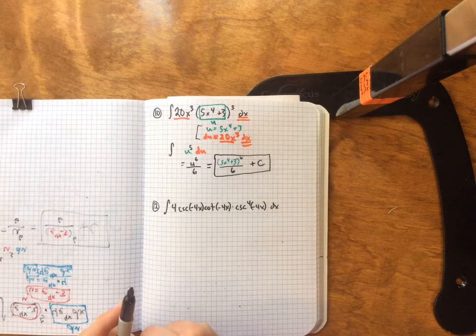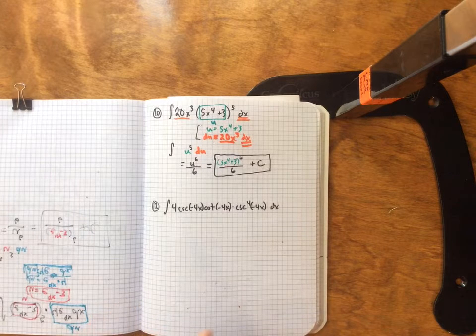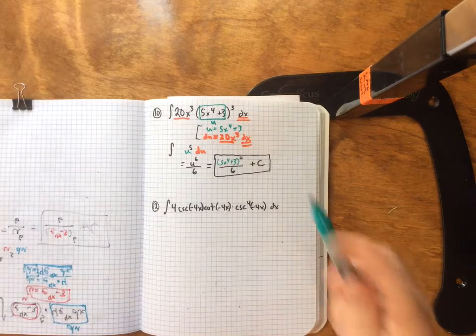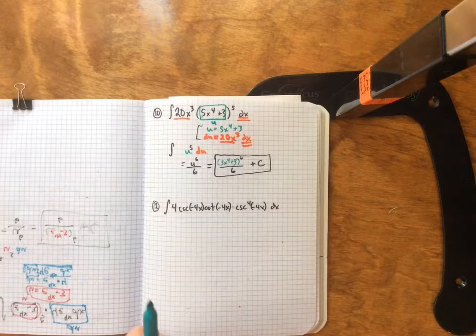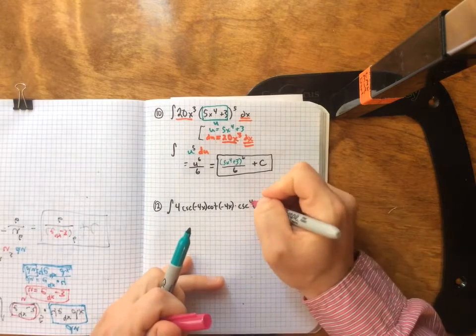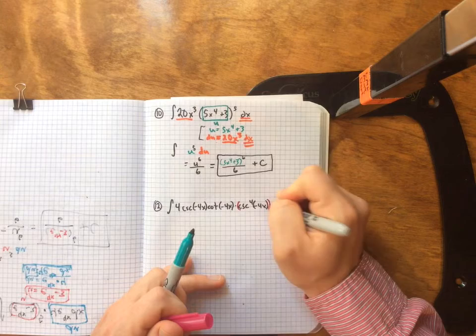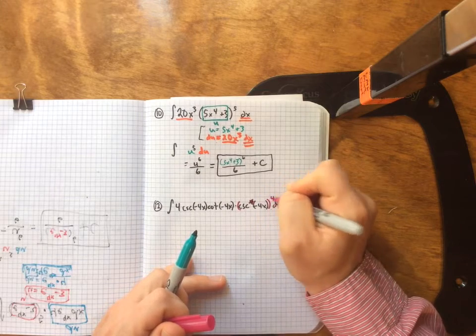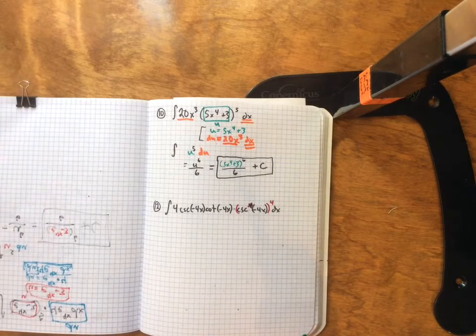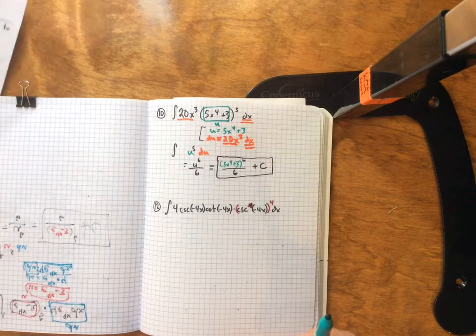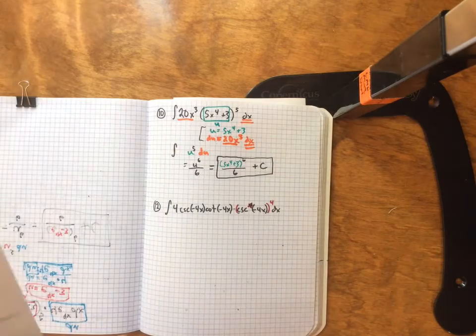One other little thing I'm going to do, which will hopefully become apparent why in a minute: this cosecant to the fourth, remember that I can rewrite that part of it as the whole thing to the fourth. And that's going to help me think about this problem a little easier. It is crazy with the cosecants, but I think we can get through this.